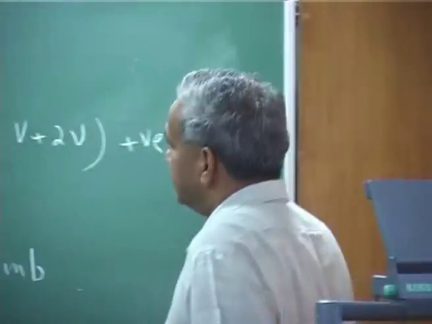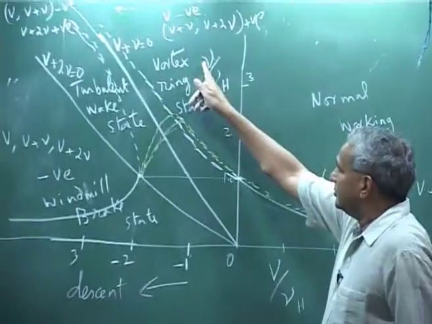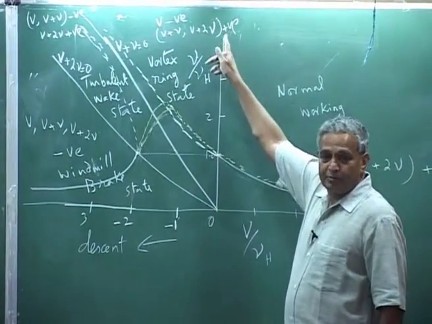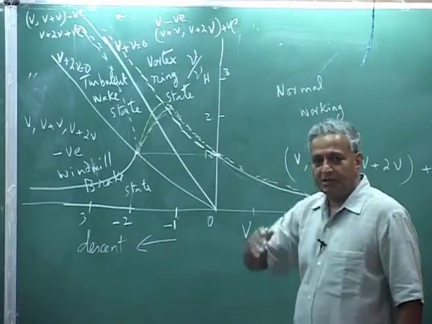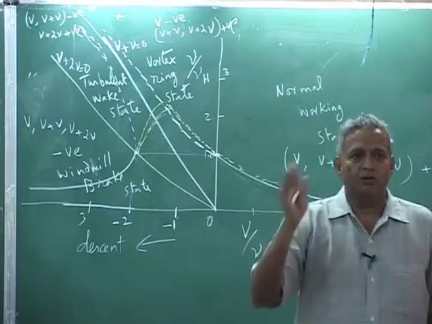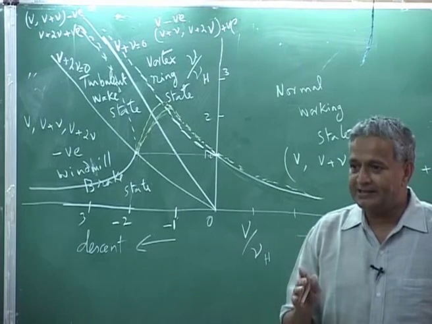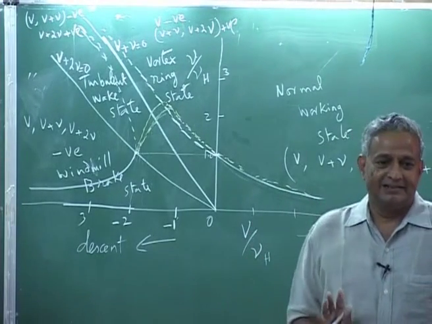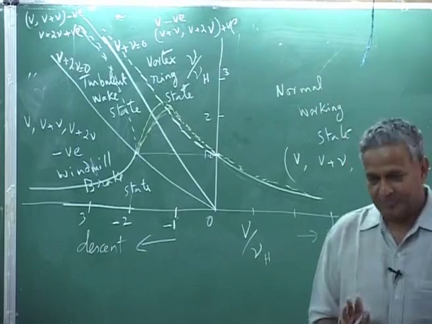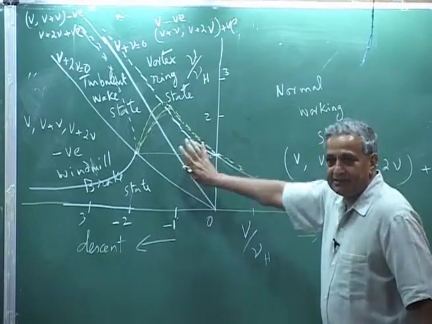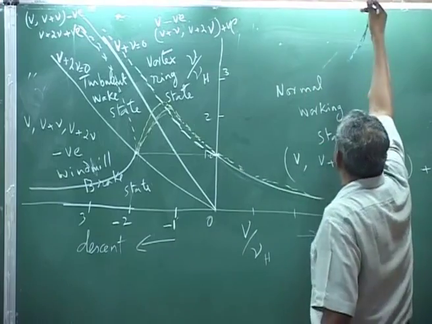Instead of plotting nu over nu h on the y axis, you plot the total flow through the rotor disc rather than only the induced velocity. If you plot that, this whole diagram will get rotated, and that is what I showed.